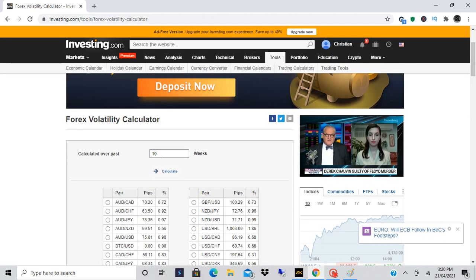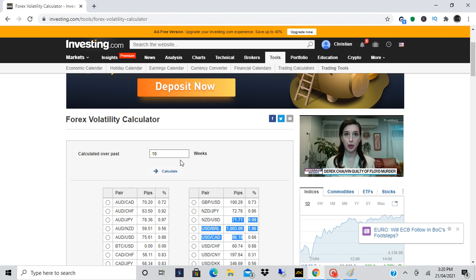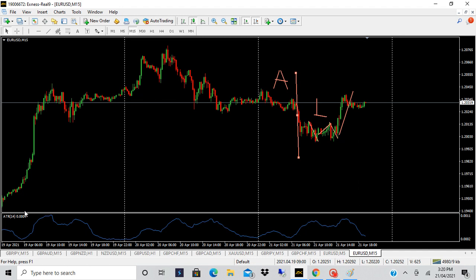This is for the past 10 weeks, right? Now, this 10 weeks is equivalent to trading days, so that would be like 2 months and 2 weeks. But if I come across on the ATR, this is only 14 trading days.